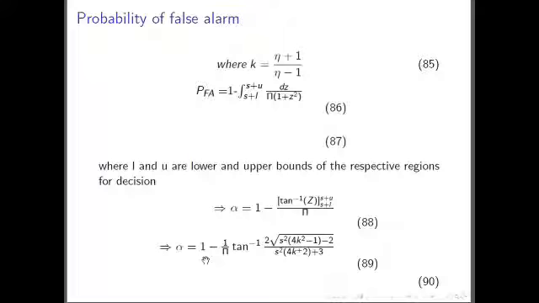On solving the integration and applying the limits, we have probability of false alarm, that is alpha, is equal to 1 minus 1 by pi tan inverse of 2 root of s square into 4k square minus 1 minus 2 divided by s square into 4k plus 2 plus 3.